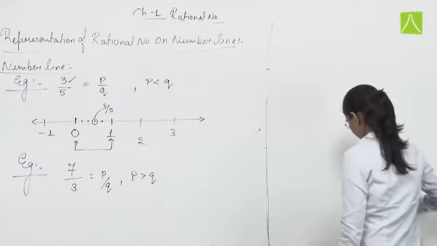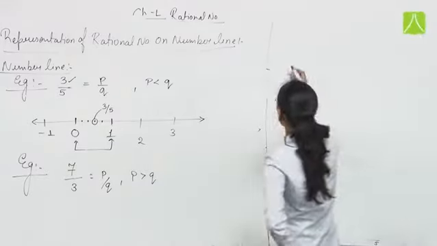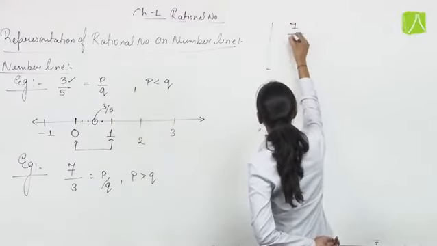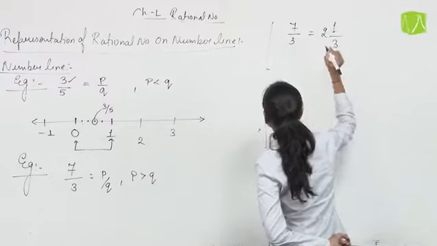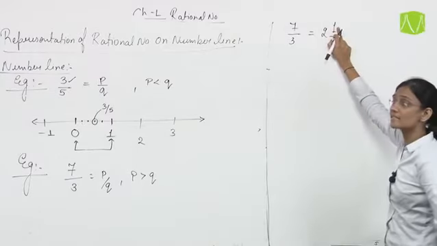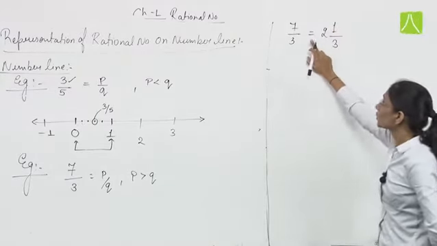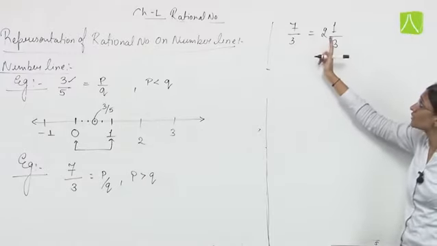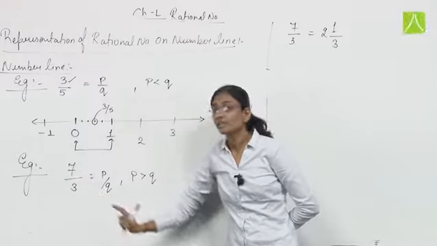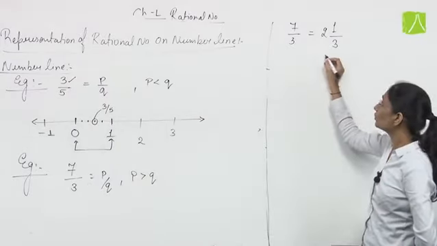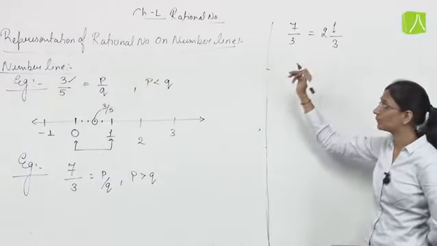7 upon 3 can be written as 2 and 1 by 3. 3 twos are 6 plus 1 is 7. So 7 upon 3 can be written as 2 and 1 by 3. Whenever the numerator is greater than the denominator, convert it into a mixed fraction or mixed number.